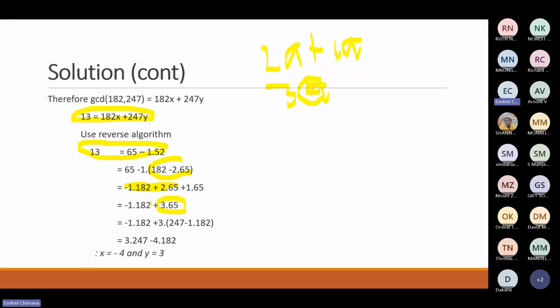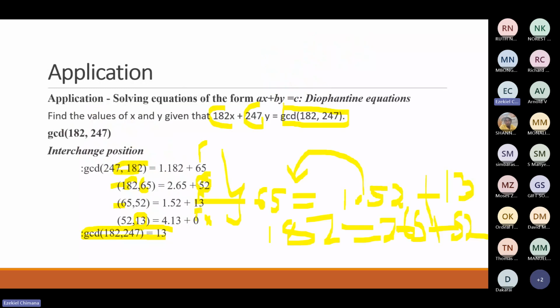Then from there, you have this one, minus 1 times 182 plus 3 times 65. So you see now we have this 182, and maybe you are left with this 247. So there's still another step to use. After using this step, you are left with this step.